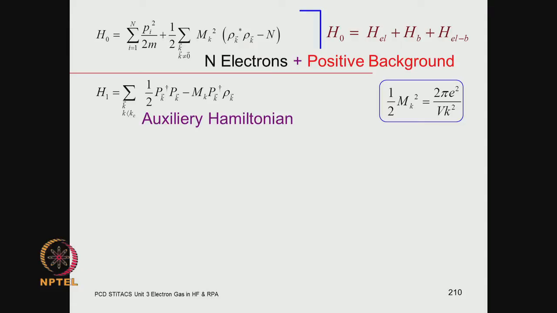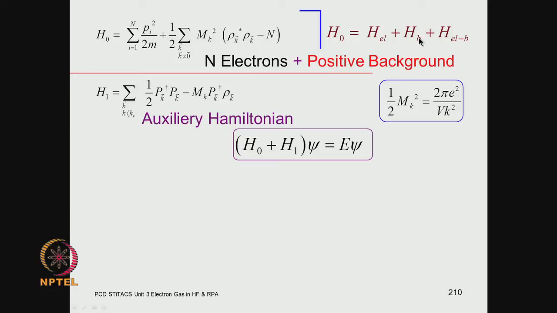Essentially, the idea of this auxiliary Hamiltonian is a very clever one, because what it helps you to do is to write a Schrodinger equation in which the Hamiltonian is not the original H0. H0 was the Hamiltonian for the n electrons together with the positive background. So, all the background effects are certainly included over here.